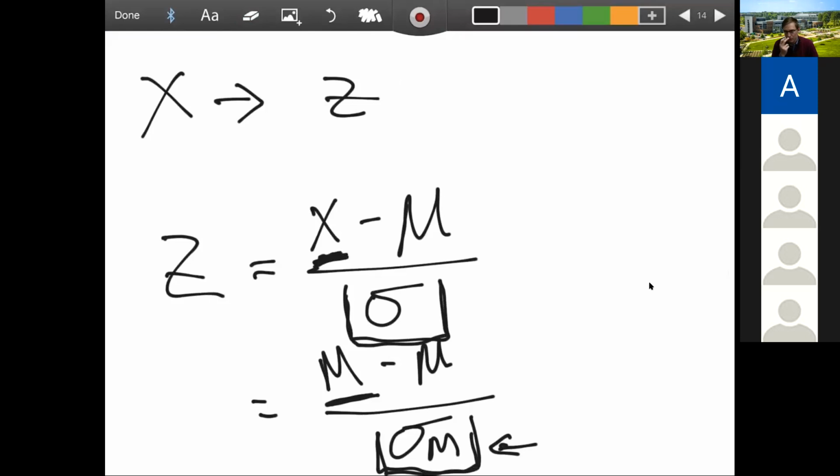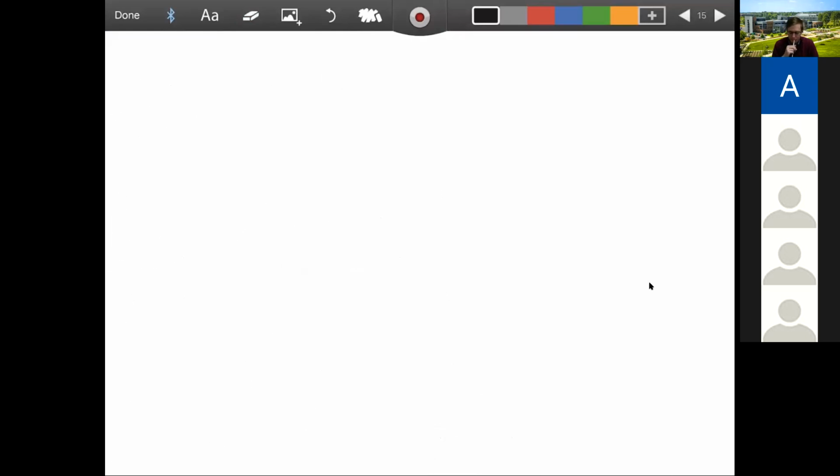Also, how would a question look if we had to find the X, but we had the Z? What would that question look like, or what's the formula for that?